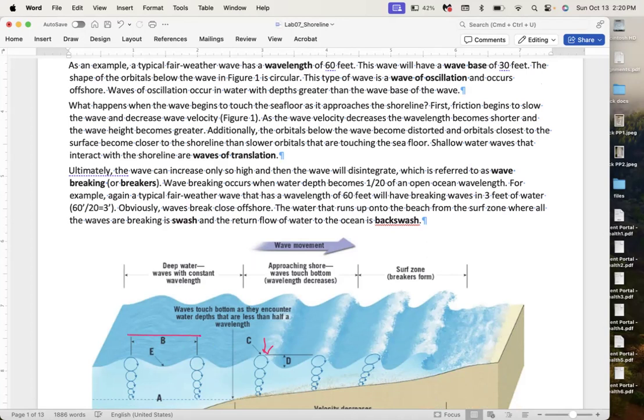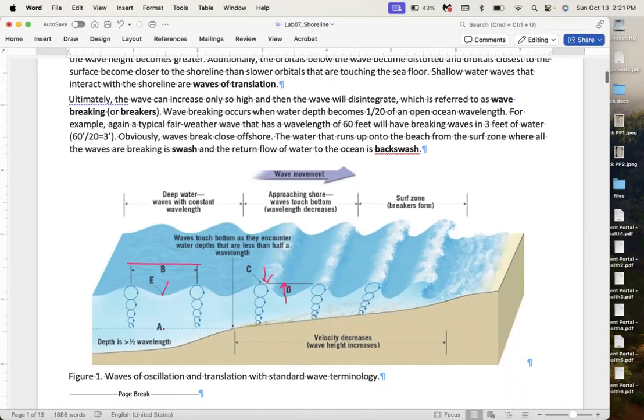That's the distance between two crests. The trough tells you the wave height. This is the trough over here, and then we can measure the difference between these two. And that gives you the actual height of the wave.